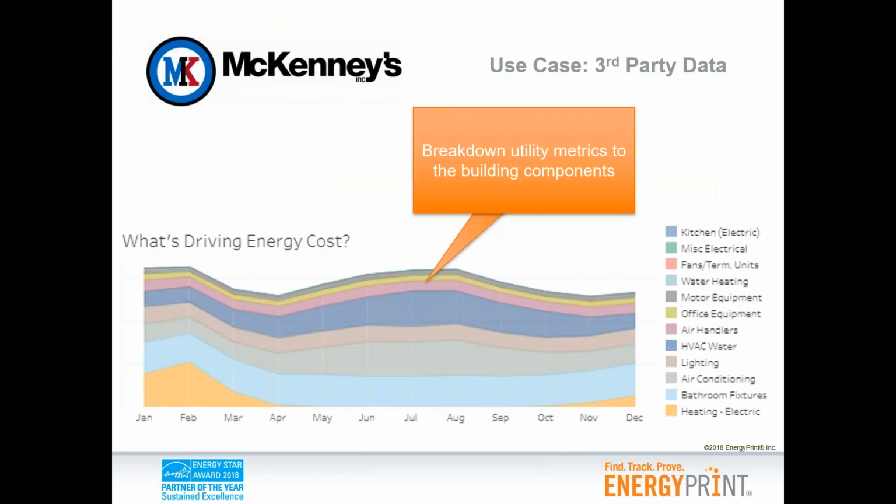But the true power of Insights Architect came into play when we were then able to segment each of their buildings' energy costs into those components that were using energy within the building. That allowed us to pinpoint the actual equipment and systems utilizing more than their fair share of energy.